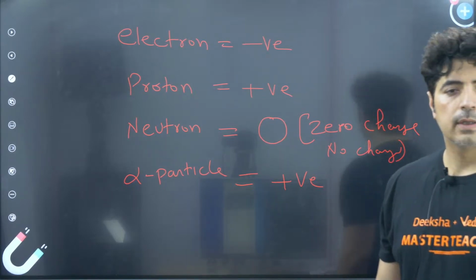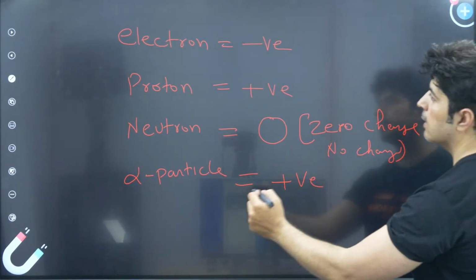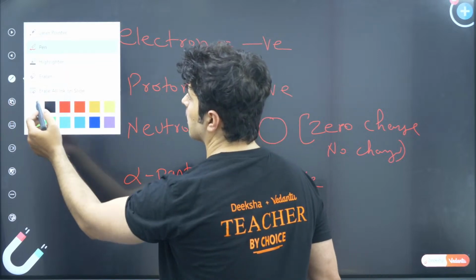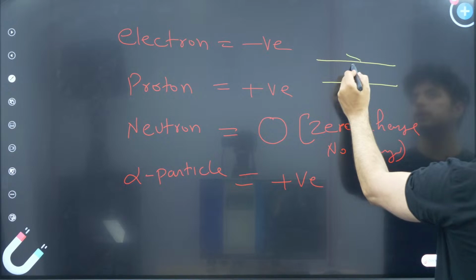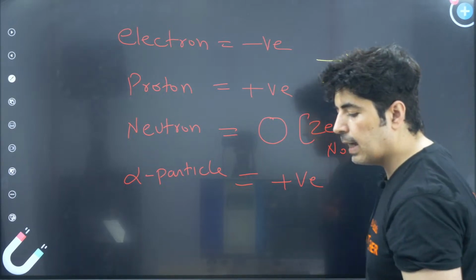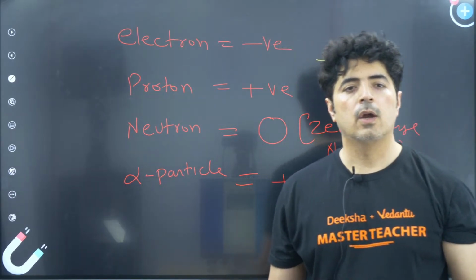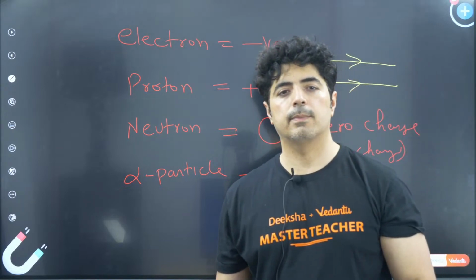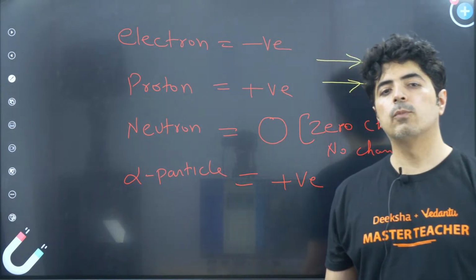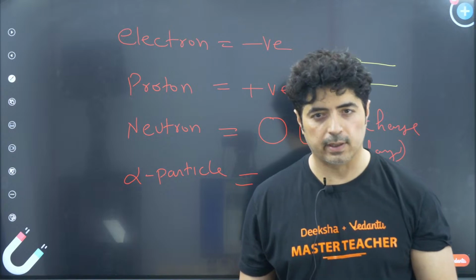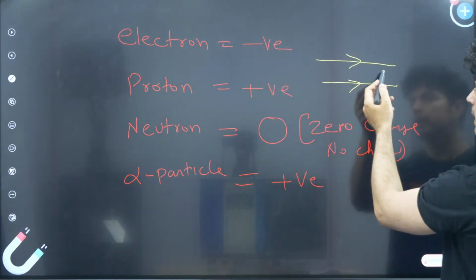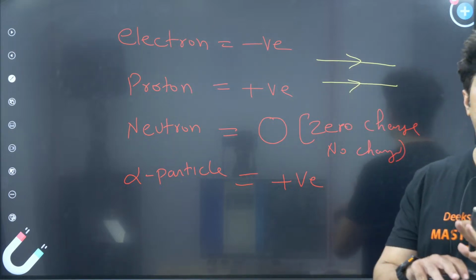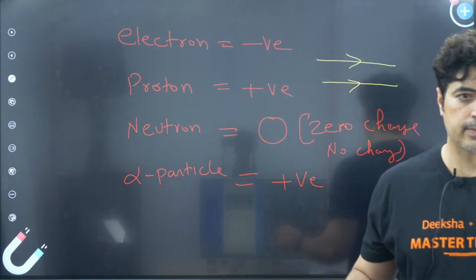So if there is a magnetic field, let me change the color of the pen. Let's say if there is a magnetic field in this direction, the charged particle has to be either perpendicular or at some angle with this magnetic field. If a charge is moving in the direction of the magnetic field, whichever charged particle it is, the force will be zero.